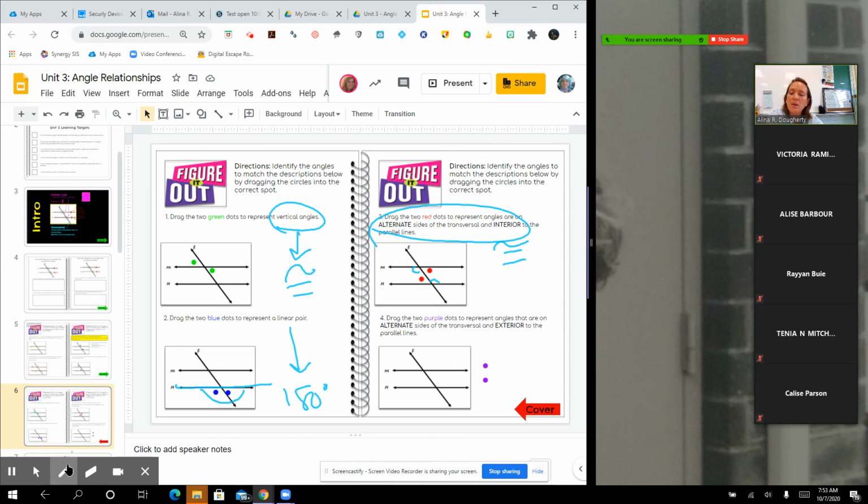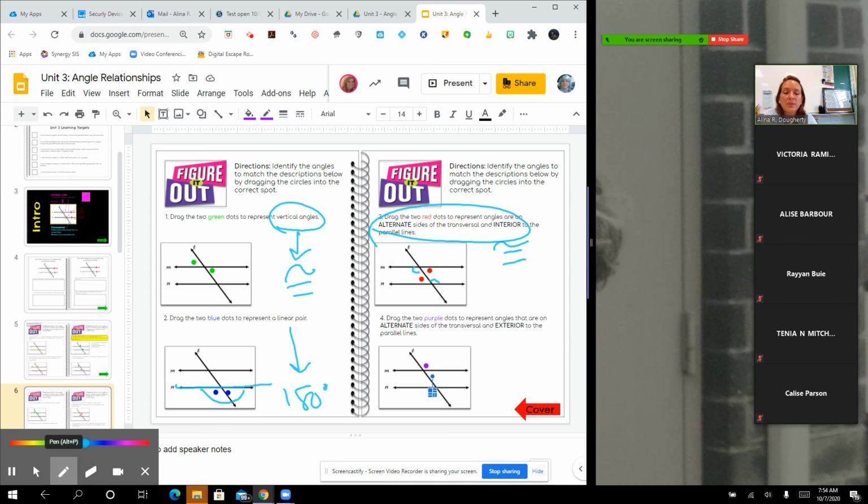So then we've got the purple ones down here, just to make sure. These are alternate and exterior. So I did acute angles last time. We'll do obtuse angles this time. We've got one on the right of the transversal T. So now I need one on the left of transversal T. And they're supposed to be alternate and exterior. So they need to be outside the parallel lines.